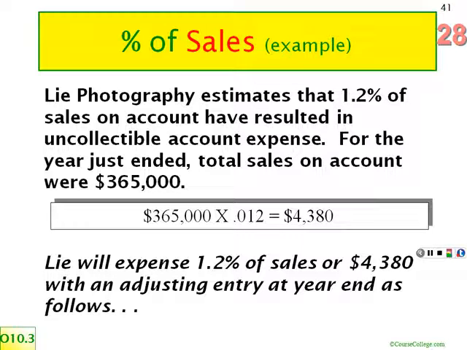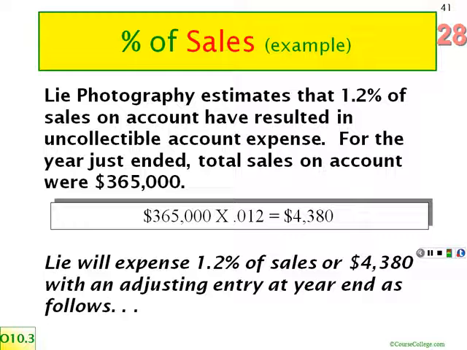Now, we're saying something very different in this method when we make that calculation. We're not saying go look at what's in the allowance method already. We're saying we're standing on the income statement. We can't see the balances on the balance sheet. We're focused only on the income statement. We don't care what's in the allowance account. We don't care what's in accounts receivable. Our focus is entirely on sales on account.